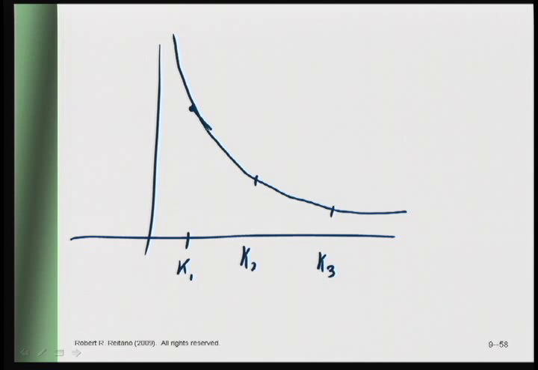The notion of convexity, as I just described, means that if I connect the function at k1 and k3 with a straight line, the function on that interval is always below, or more formally, not above the straight line. So here's the value c of k2.